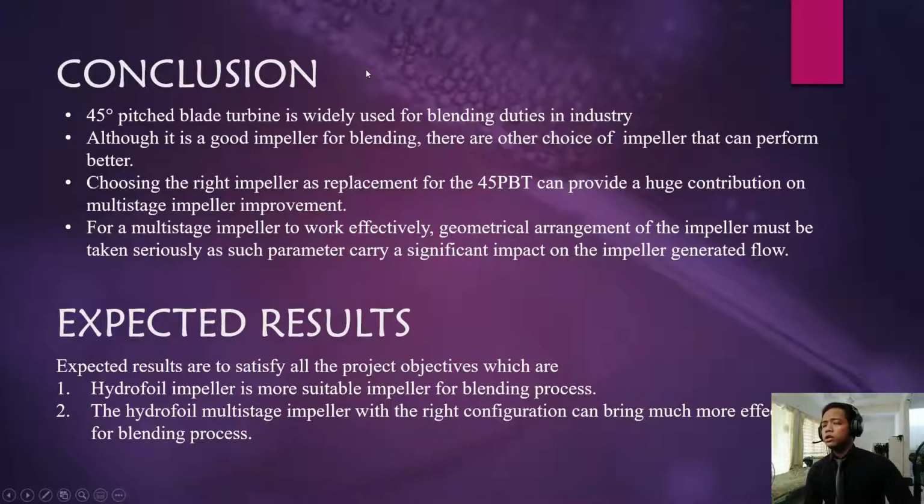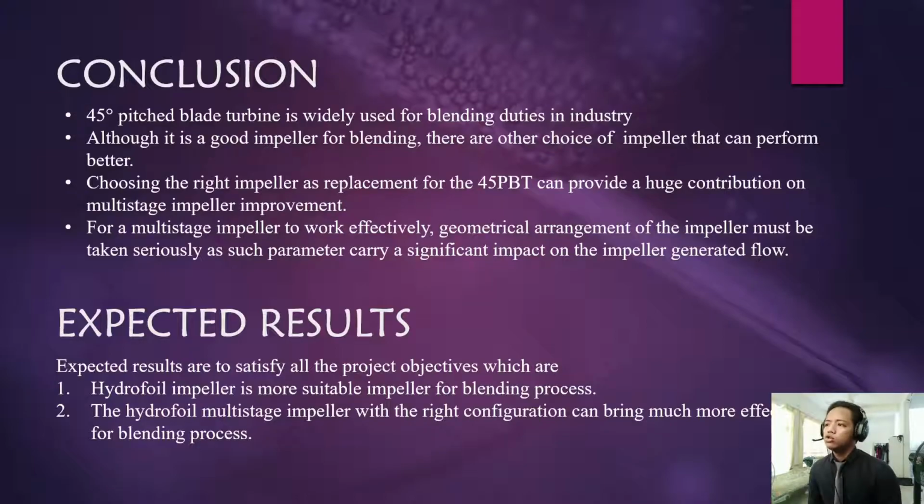As for the conclusion, the 45-degree pitch blade turbine is undoubtedly widely used for blending duty in industry. Although the impeller itself is a good component, there are other choices of impeller that can perform better than the 45-degree pitch blade turbine.